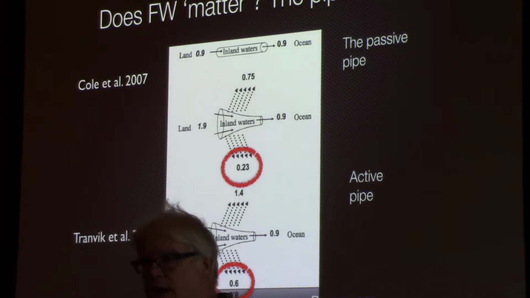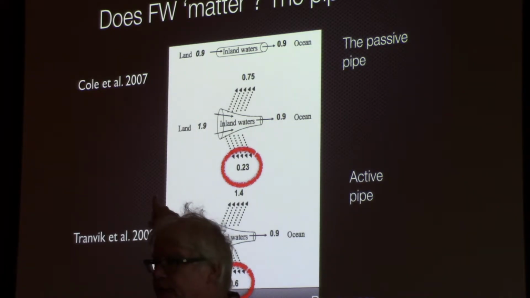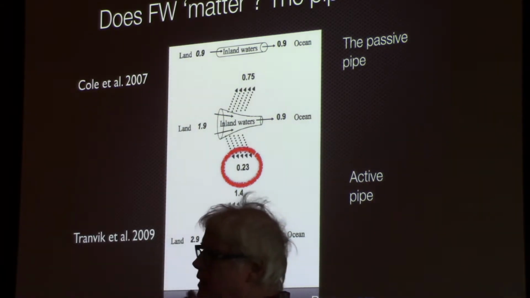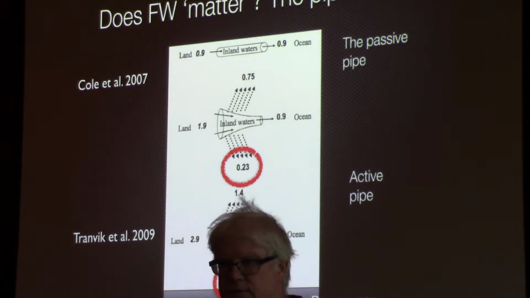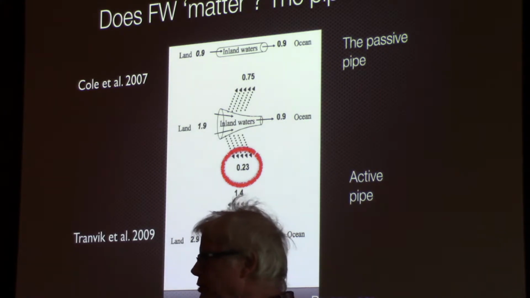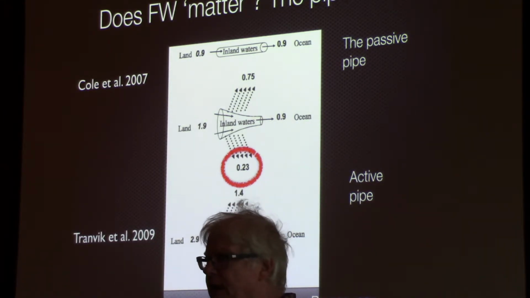If inland waters don't really matter from the carbon cycle perspective, then basically they take that 0.9 petagrams from the land and they transport it directly to the oceans. Well, of course, we know that's not true. We know that stuff happens, you know. We grow fish, we grow plants in freshwater systems, we grow peat, lots of things happen.